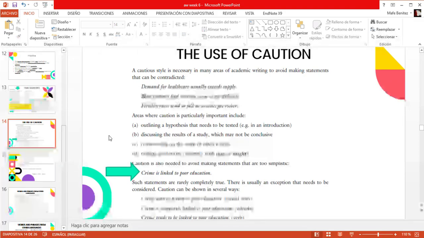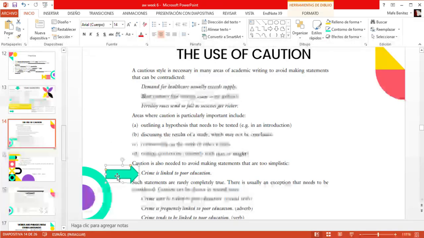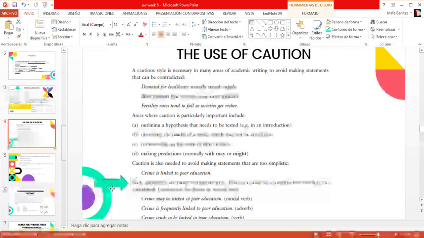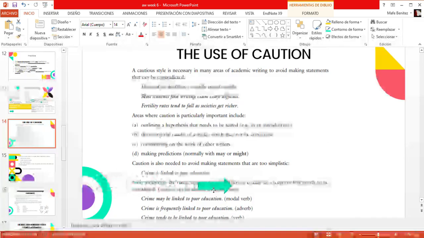Yes, there are studies that say so, but we all know for a fact that poor education doesn't always cause criminals, and there are many rich kids that do very stupid stuff. Such statements are rarely completely true. You cannot be absolute about them. There is usually an exception that needs to be considered.